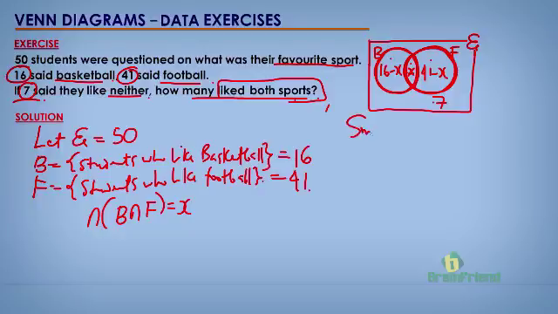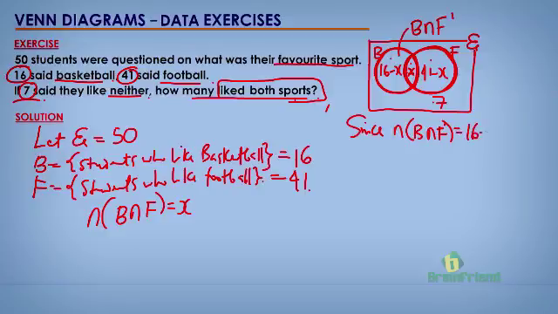Since we know the cardinality of each region, let's take our first region here. It's B intersection F prime.